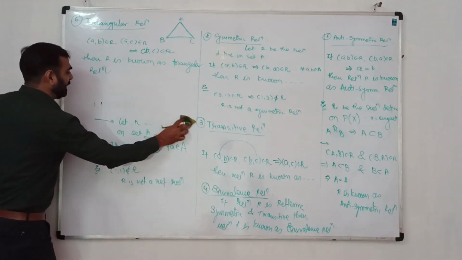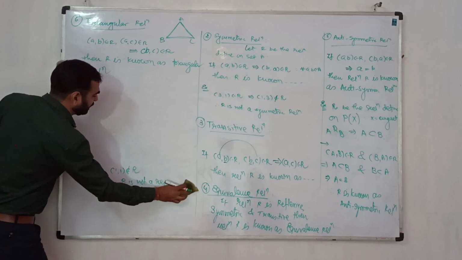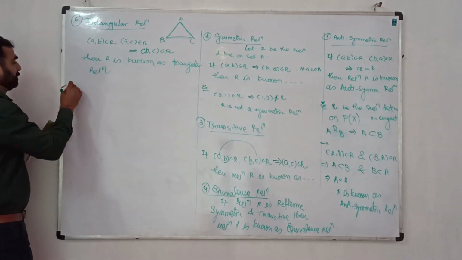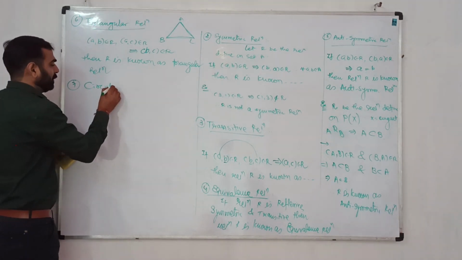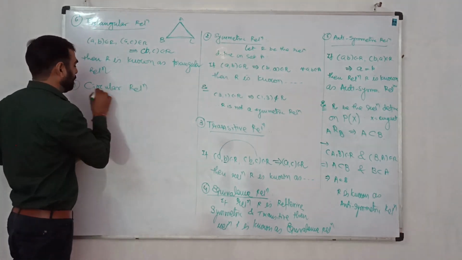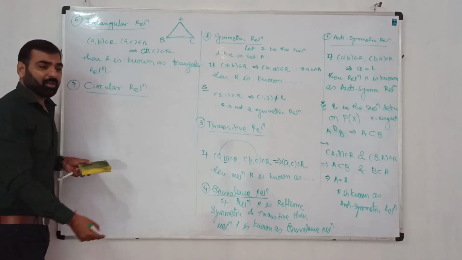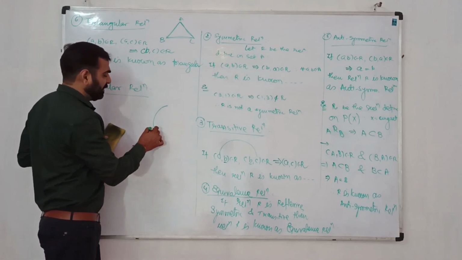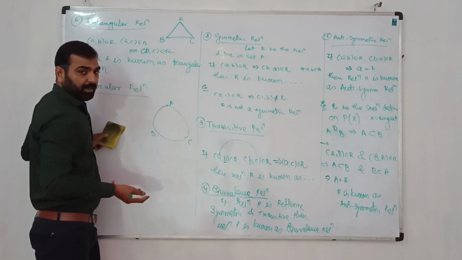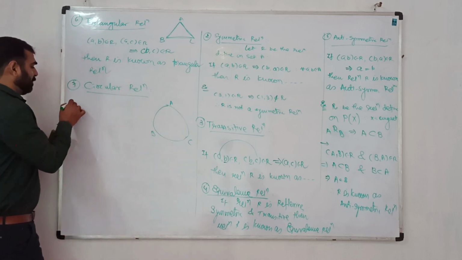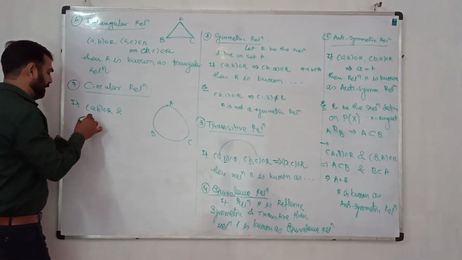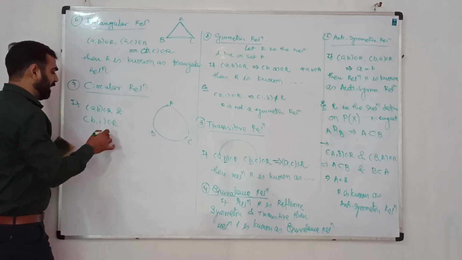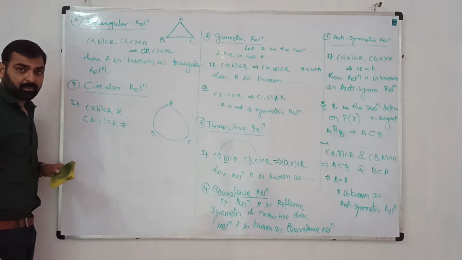Then the last one is the circular or cyclic relation. What happens in circular, children? From A to B, B to C, and then C to A should be there. So if we consider AB belongs to R and BC belongs to R, what should happen?